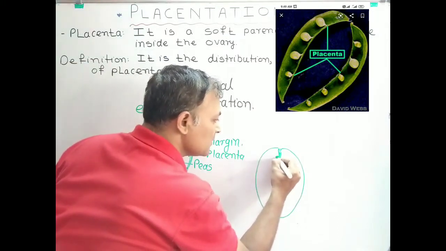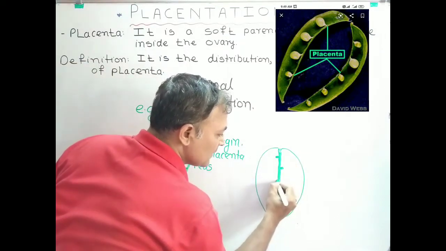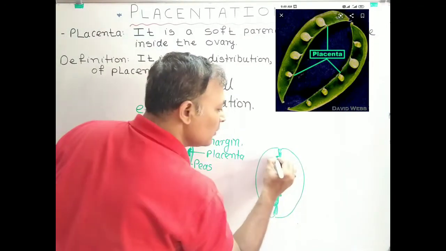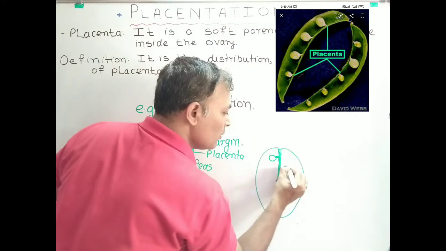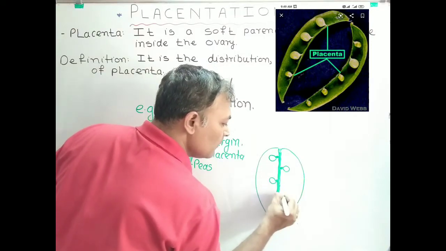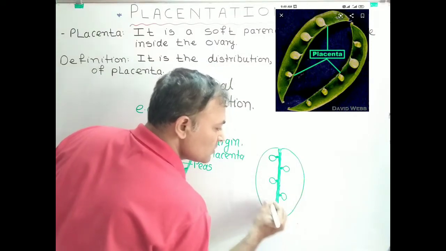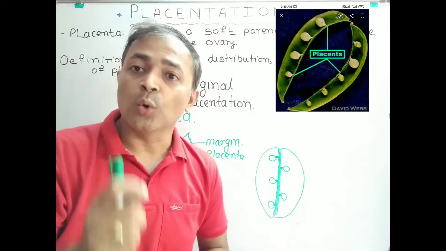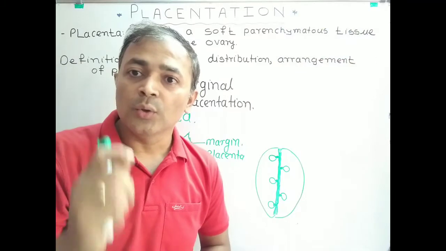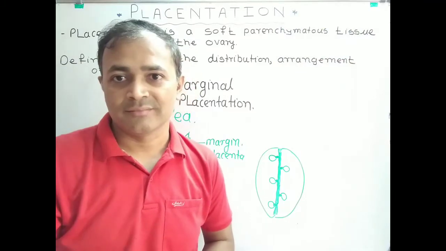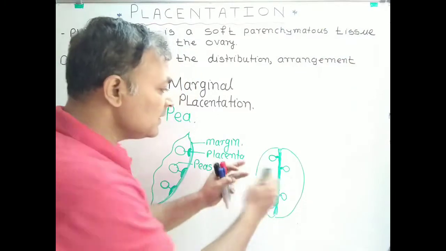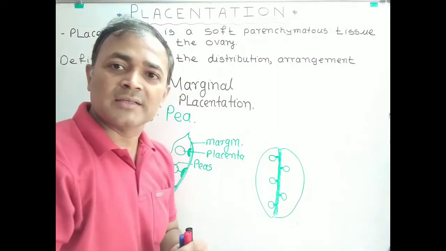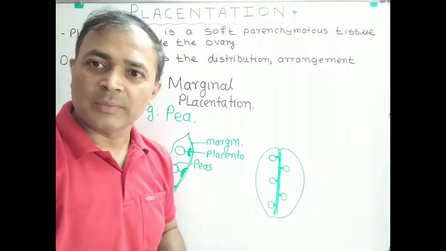And then we can see the placentas, and attached to the placenta we can see the ovules. In case of marginal placentation, the ovary is unilocular, right? You cannot see any kind of septas, or any type of partitions in case of marginal placentation.